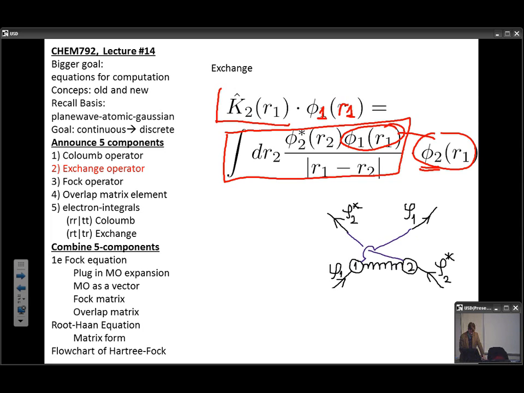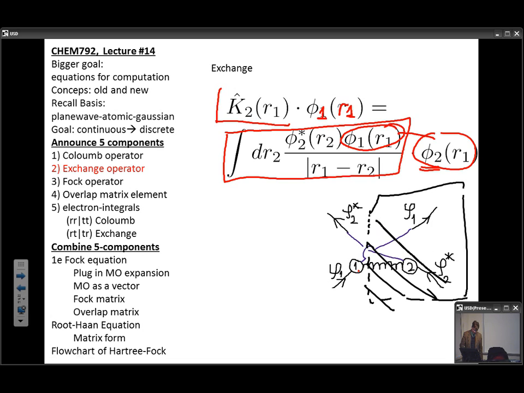And here is the diagram. At position 1, the first electron is interacting with the second electron, but then instead of bouncing, they are swapping their places. If you want to make it a black box, we see that we start with an electron in one state, and then we end up with an electron in another state.